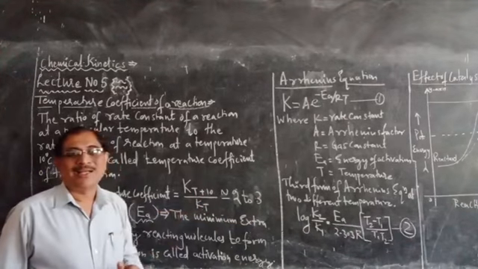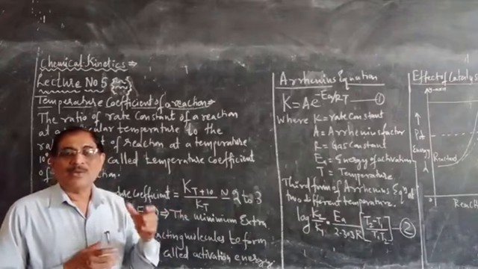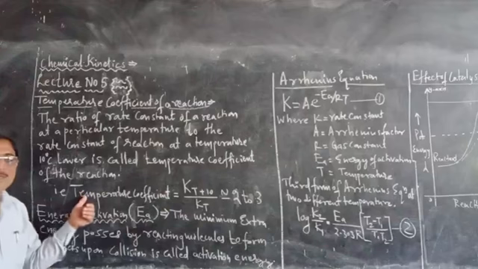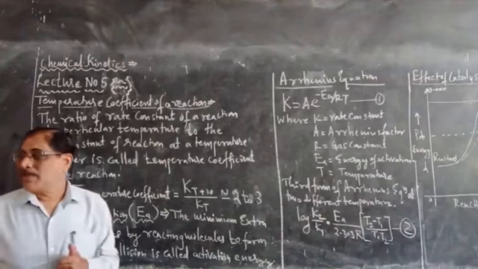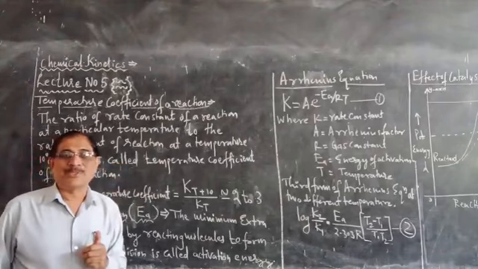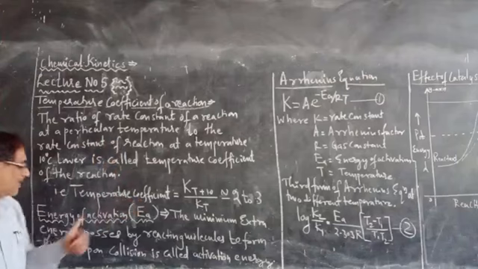So it means that for every 10 degrees centigrade rise in temperature, the rate of reaction doubles or triples. Understand? So for 2 marks, that is what is the temperature coefficient of the reaction. Either this or this we can give as the definition.